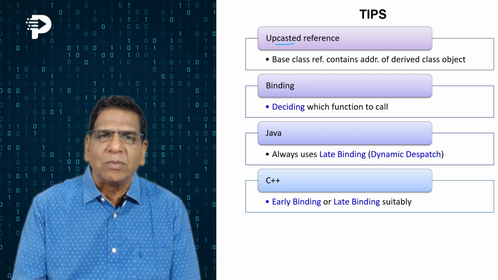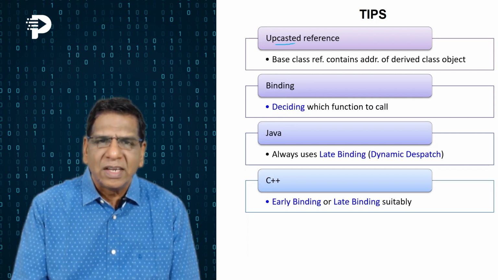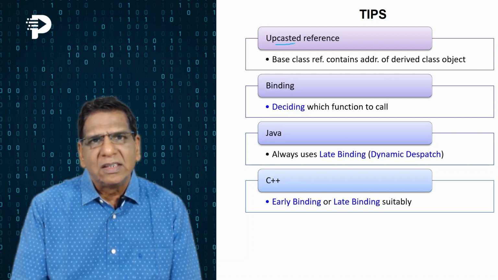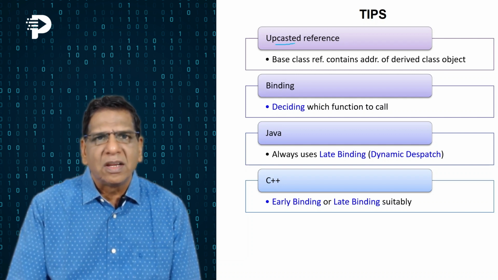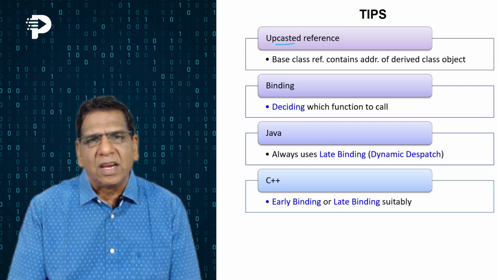Since in Java objects are always nameless, they are always created on the heap and they are always used through their references. Hence calls to methods will happen through references, and since these are upcasted references, you will land in the suitable class's draw function. Since this happens at runtime, Java offers you only late binding or dynamic dispatch.